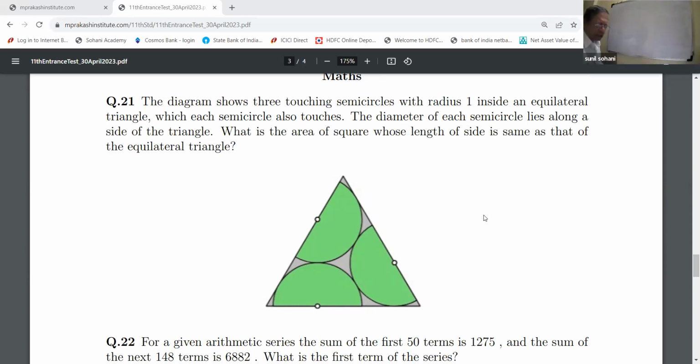I want you all to copy this diagram in your notebook because I'm going to do some marking, so we can save time for everyone. By the time I draw the diagram on my board, you also copy the same diagram in your notebook. I know it is very difficult to draw by hand, but can't help it.